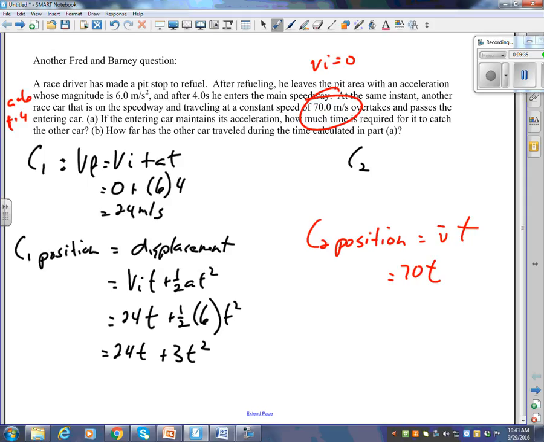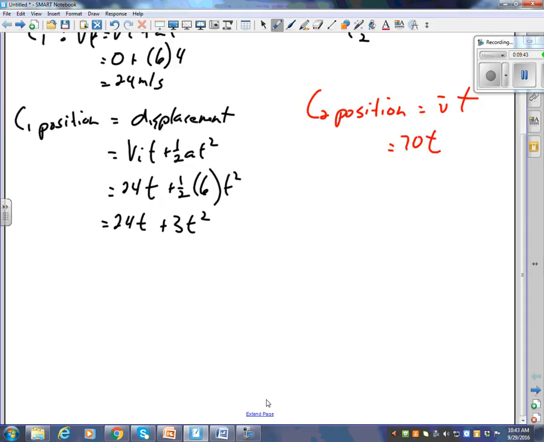Okay. When do they catch each other? When their positions are equal to each other. So make them equal to each other. C1 position has to equal C2 position. Set them equal. So in other words, 24t plus 3t squared is equal to 70t.